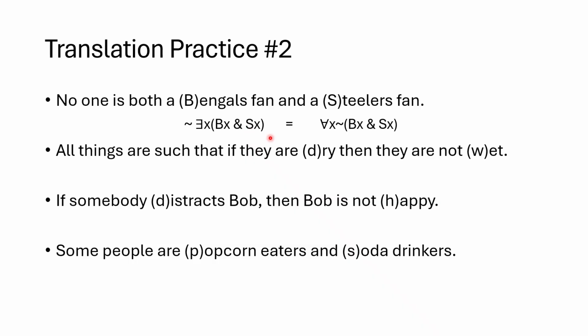We can also symbolize it this way, which says everyone is such, that's the universal quantifier, and then not, so everyone is such that they are not both a Bengals fan and a Steelers fan. Again, the x is picking out the same exact somebody in both of these cases. And so that's the scope of the quantifier.